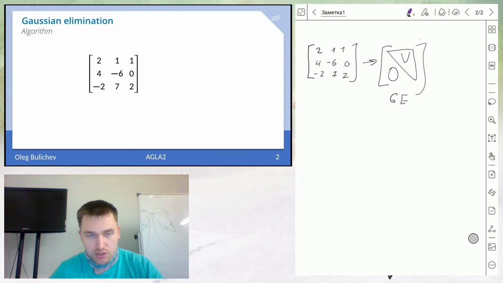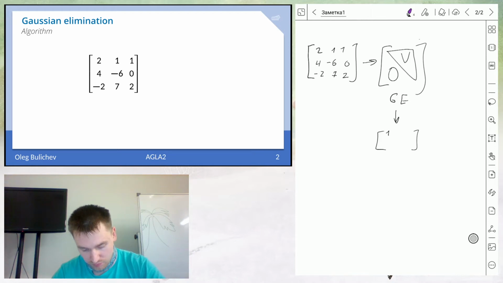If we are talking about Gauss-Jordan elimination, it's the next step: we want to have a diagonal form, so an identity matrix.